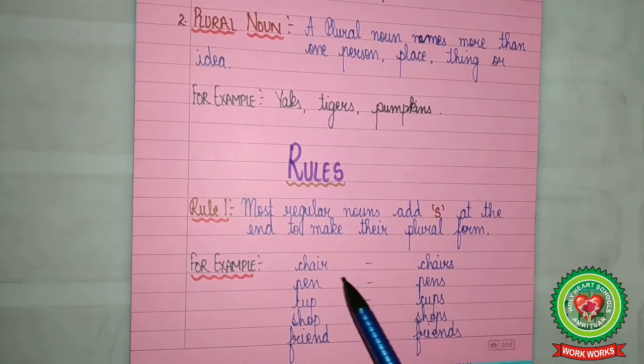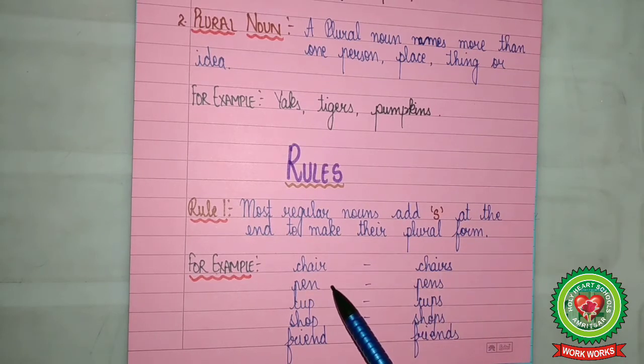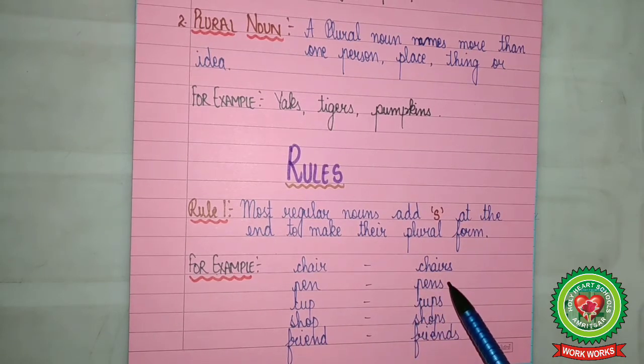For example, chair becomes chairs, pen becomes pens, cup becomes cups, shop becomes shops, friend becomes friends. Now children, here we have added s to all these words to change them into their plural form.